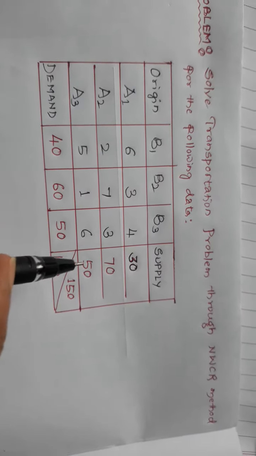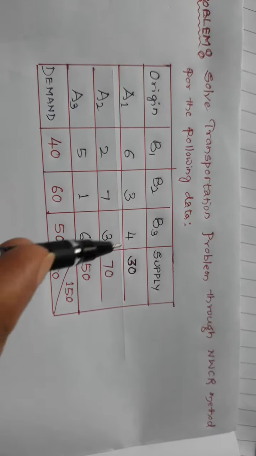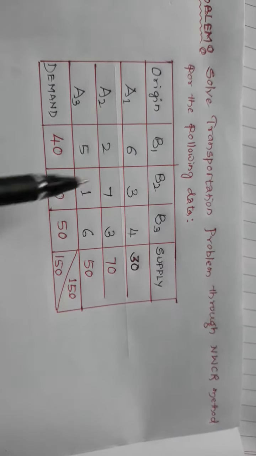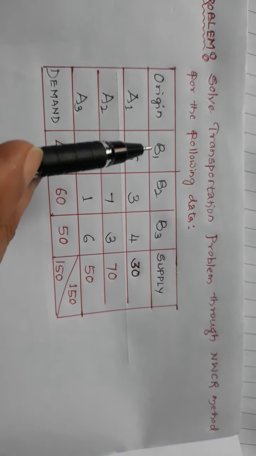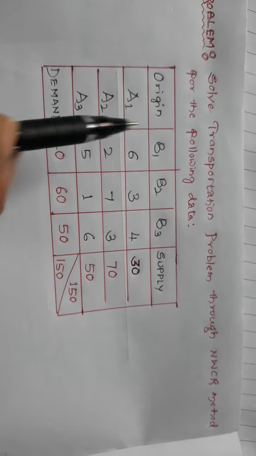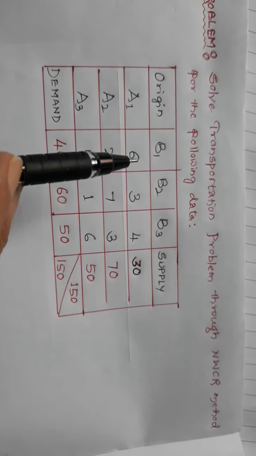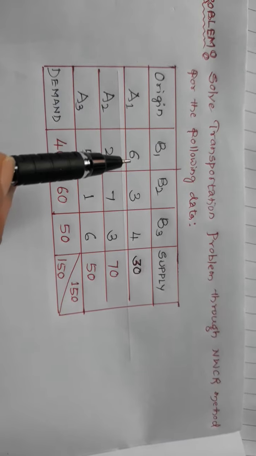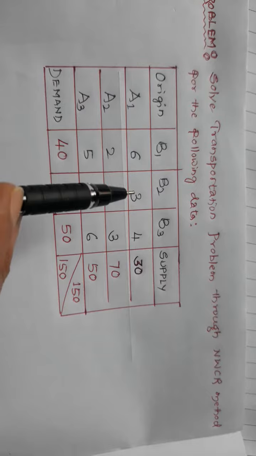Supply is 150 and demand is also 150. Now these are the respective values. This box shows the cell, and the value shows the matrix. The cell is different and the matrix is different.